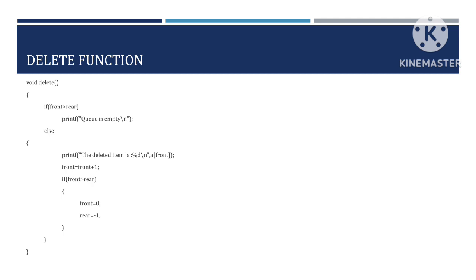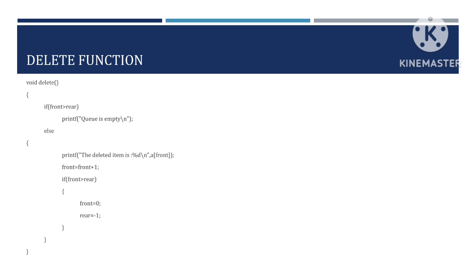So in that case, front is equal to 0 and rear is equal to -1. So this is how we delete an item from the front end of a normal queue. So these two functions we have to write using an array to insert an item as well as to delete an item.